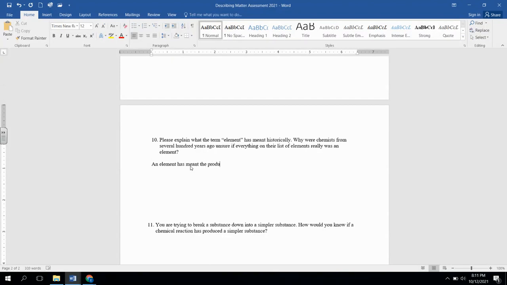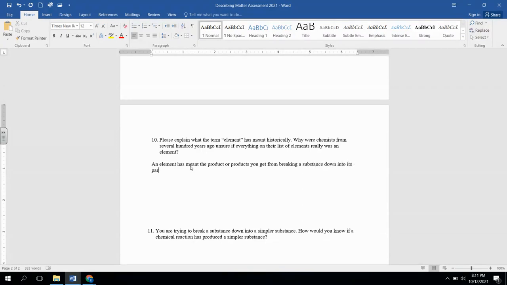Okay, so an element historically, please explain what the term element has meant historically. An element has meant the product, or maybe products, you get from breaking a substance down into its parts. Okay, so you break it down, you get a simpler substance.